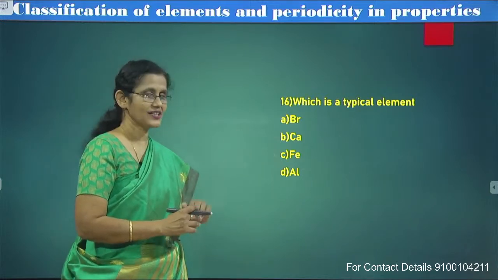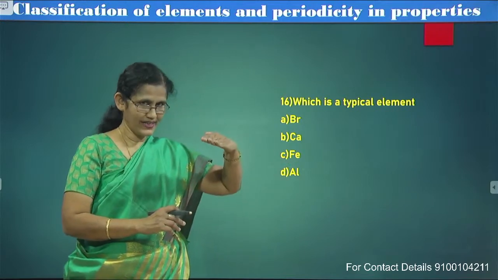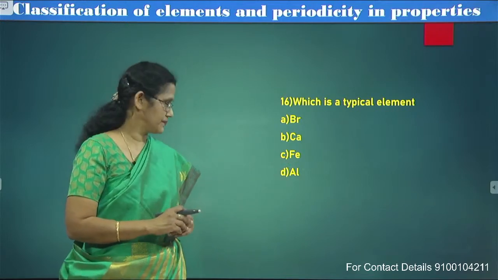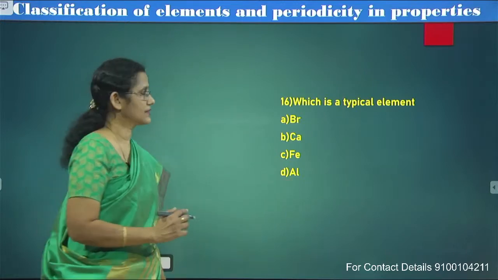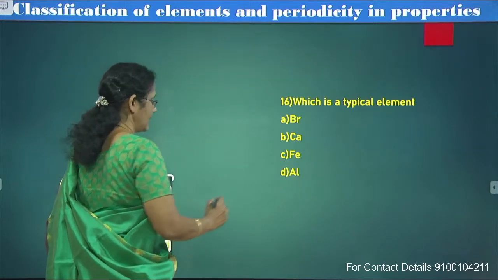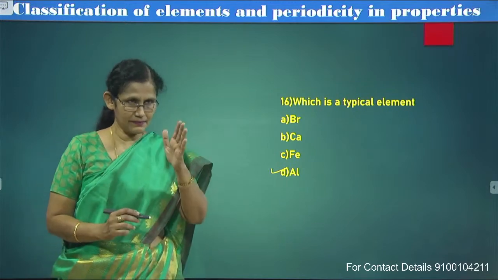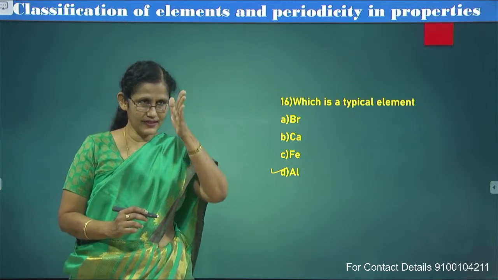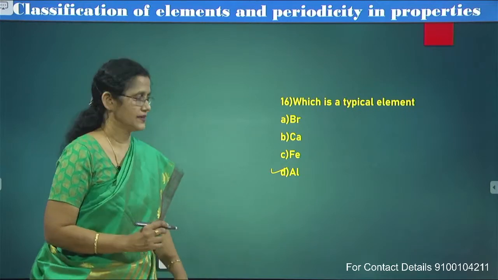Calcium, fourth period. Iron, 4s, 3d, belongs to the fourth period. Aluminium is a third period element, it is called a typical element. So, the correct answer should be aluminium. Third period elements resemble in properties the other elements of every group, that is why they are called typical elements.